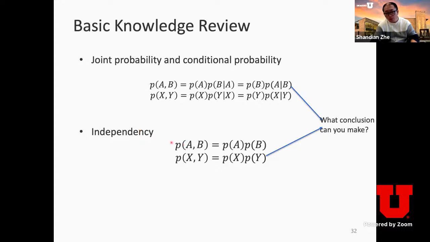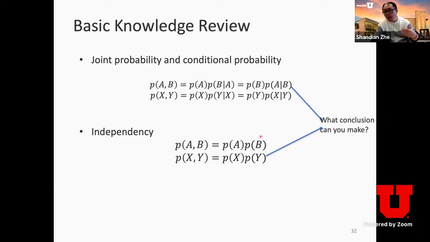Independency entails that the joint probability equals P of A times P of B. And in general, no matter whether A and B are independent or not, P of A and B is always equal to P of A multiplying with P of B given A. Now, if we compare the two products, we can see that this marginal probability P of B is equal to the conditional probability of B given A. This gives us another definition, meaning that independency also means the marginal probability is equal to the conditional probability.